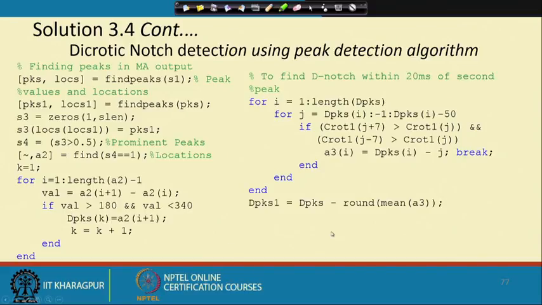Now, after finding out the second peak, we are going into the dielectric notch, that is the carotid pulse signal.